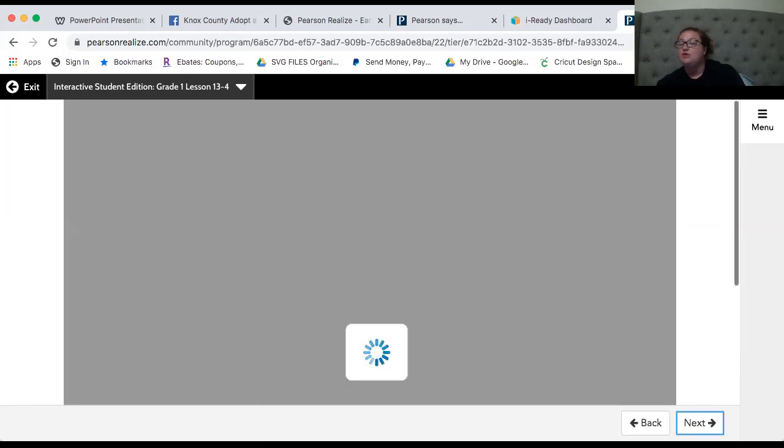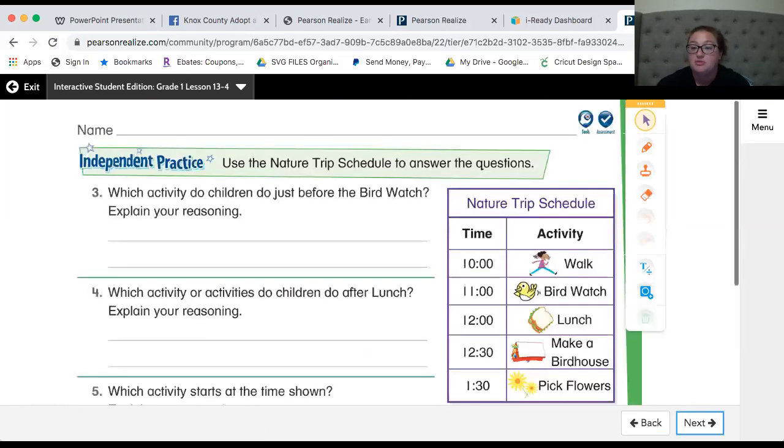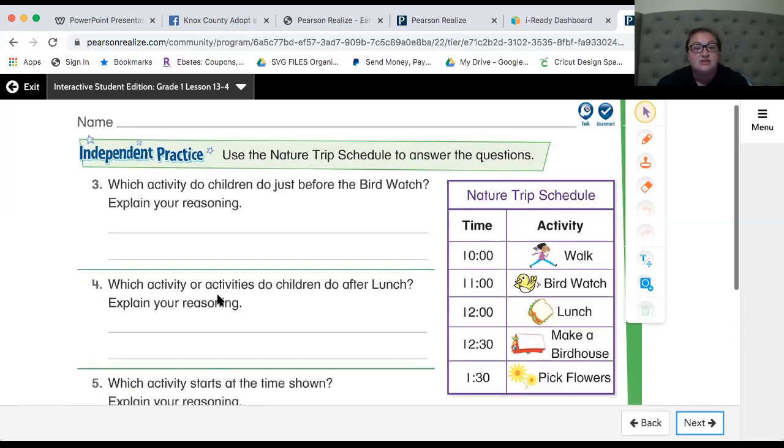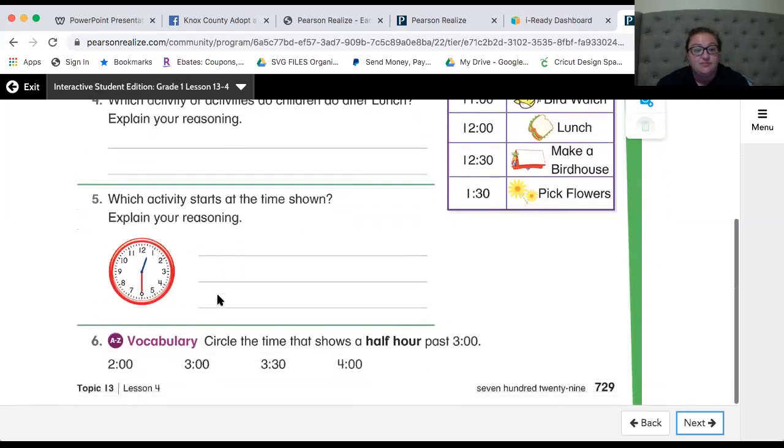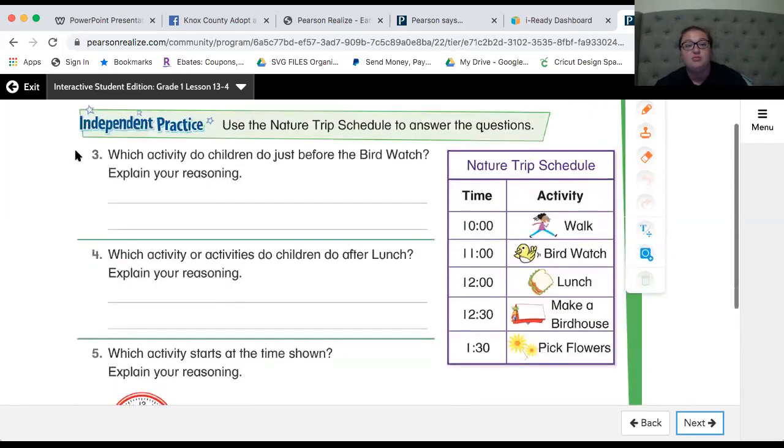You don't have to explain your reasoning at the bottom. You can just tell whoever's working with you the reasoning and why the time you chose is what it is.